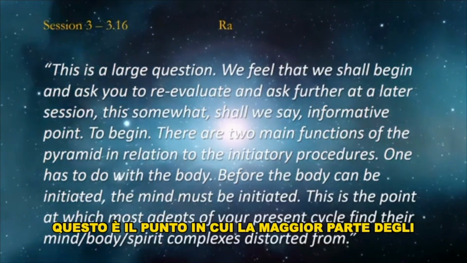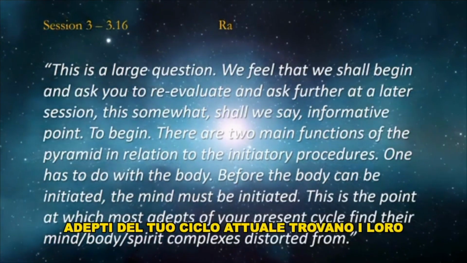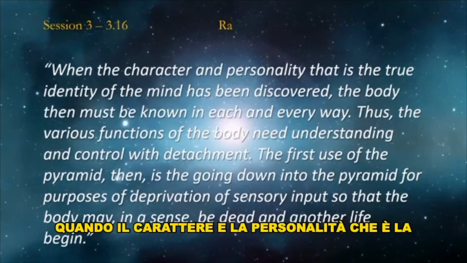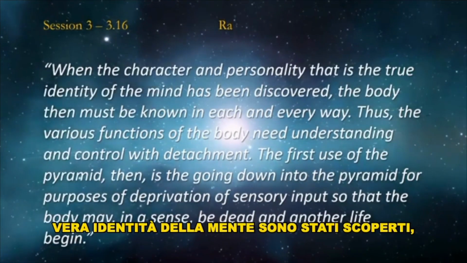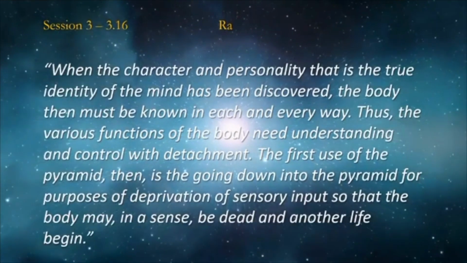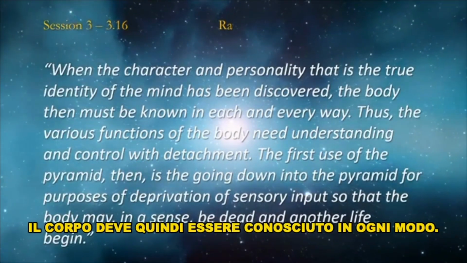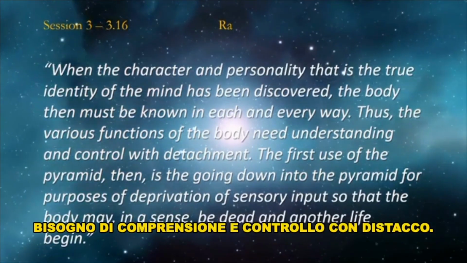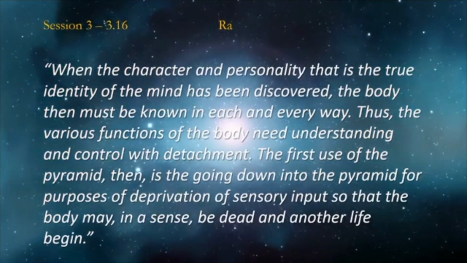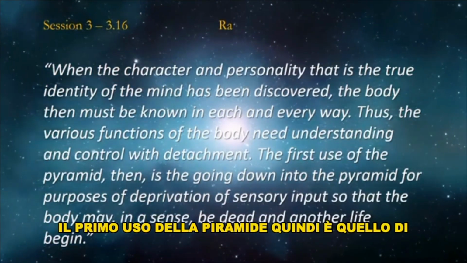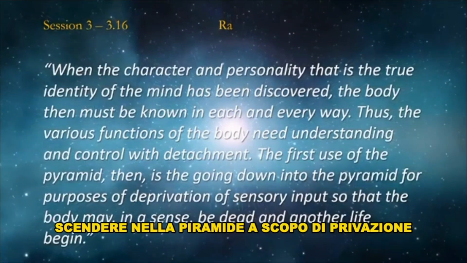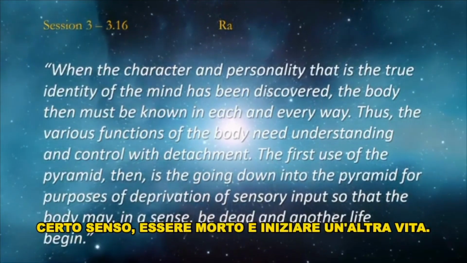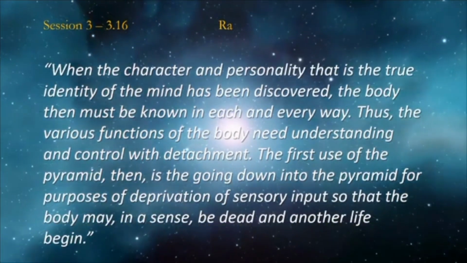This is the point at which most adepts of your present cycle find their mind-body-spirit complexes distorted from. When the character and personality that is the true identity of the mind has been discovered, the body then must be known in each and every way. Thus, the various functions of the body need understanding and control with detachment. The first use of the pyramid, then, is the going down into the pyramid for purposes of deprivation of sensory input so that the body may, in a sense, be dead and another life begin.